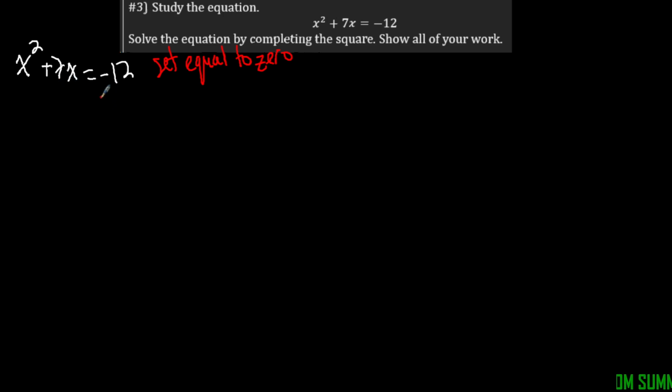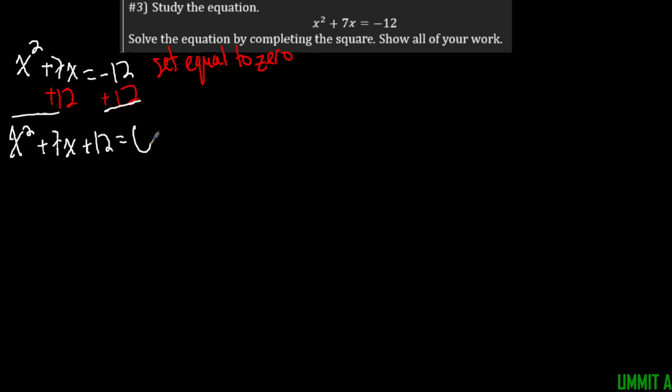And how do you do that? Well, I can add 12 because it says a -12 here. So I'm going to add 12 to both sides. Again, do not combine unlike terms. Since the 7x and the 12 don't share a variable, they are not like terms. So I have x squared plus 7x plus 12 equals 0.